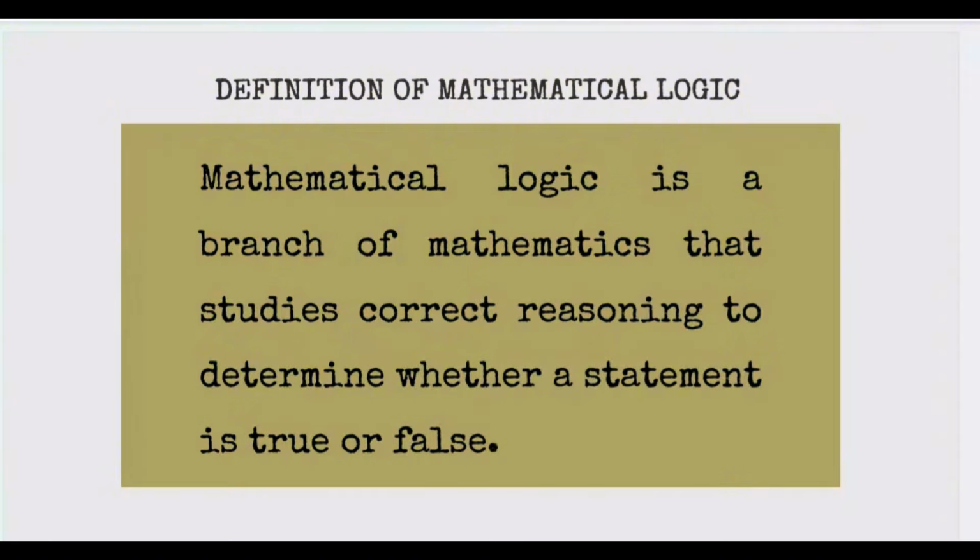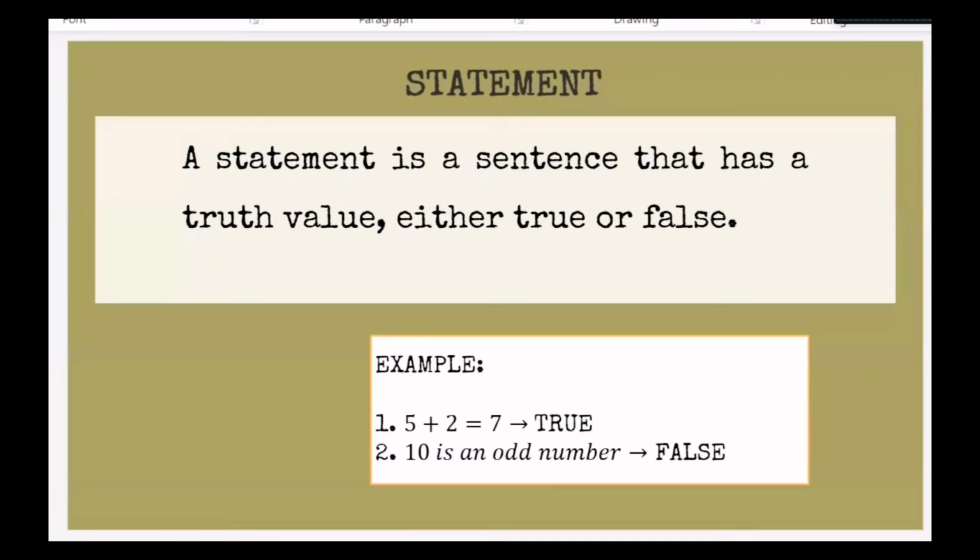Okay, definition of mathematical logic. Mathematical logic is a branch of mathematics that studies correct reasoning to determine whether a statement is true or false. Okay, first let's talk about the statement.